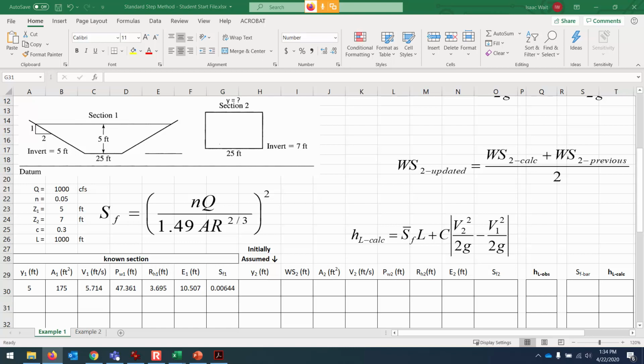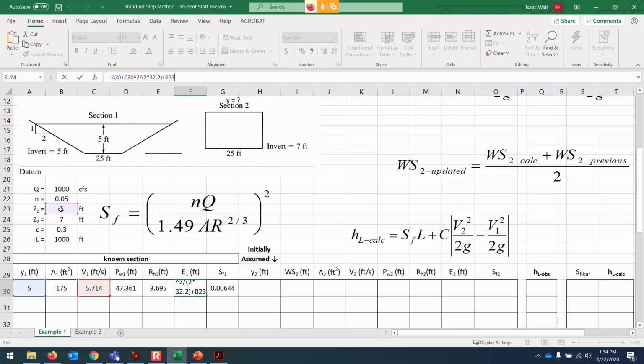Okay, I see a question for R1 and E1. R1, the hydraulic radius, is the area divided by the wetted perimeter. So we have A1 and P1, so you get R1 by dividing them. E1 is the depth, the velocity head, and Z1.